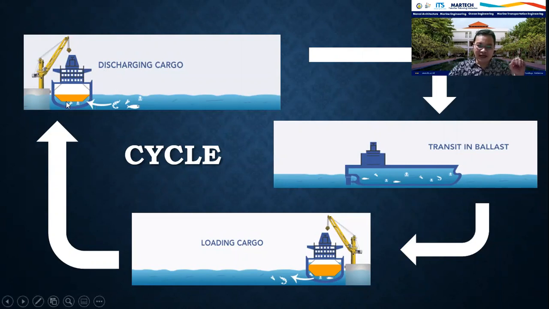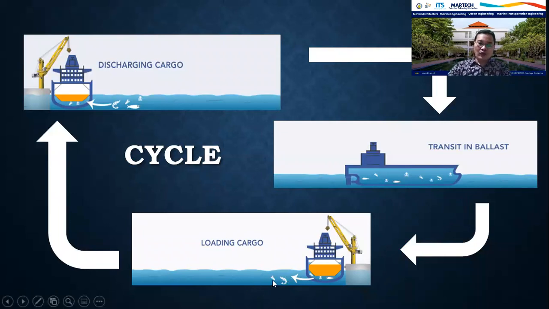In this case, there are so many species entering the ballast water tank. Then later on, it is in transit in ballast, then goes again to another port and loads a cargo, then discharges the species.